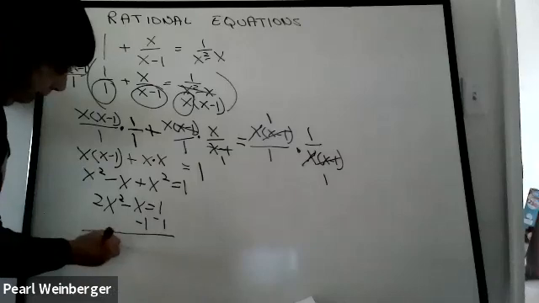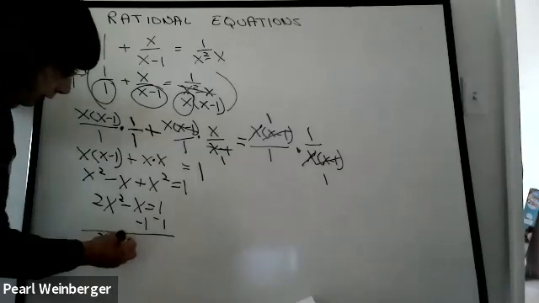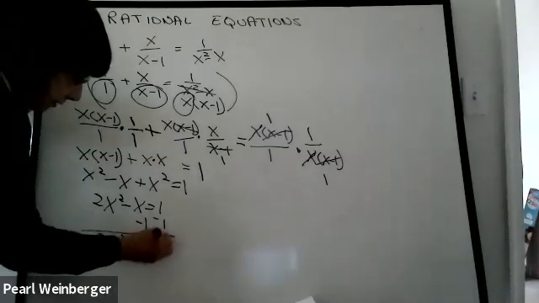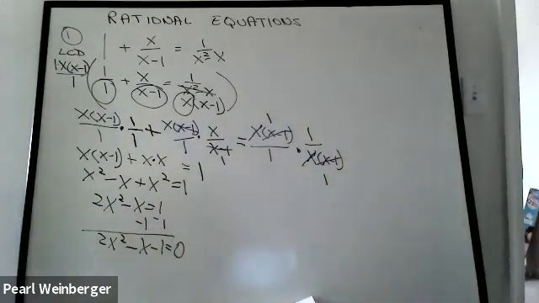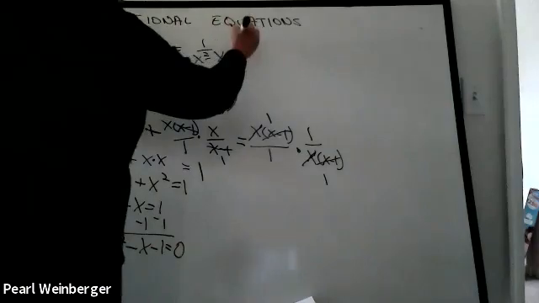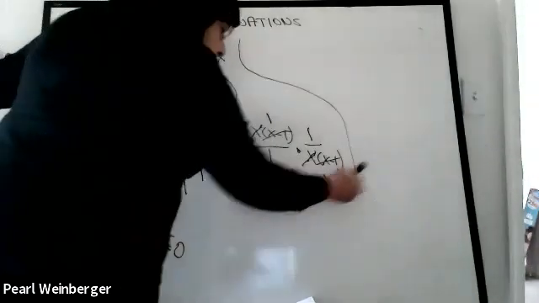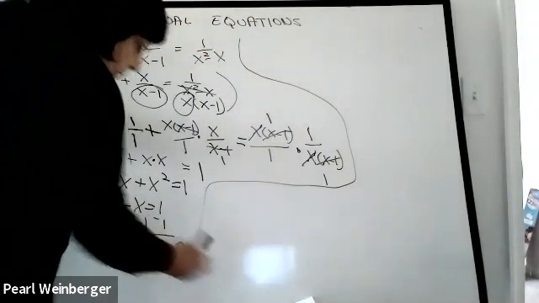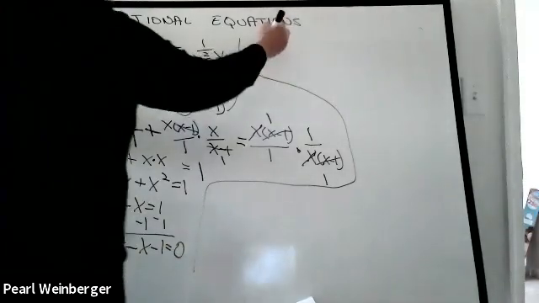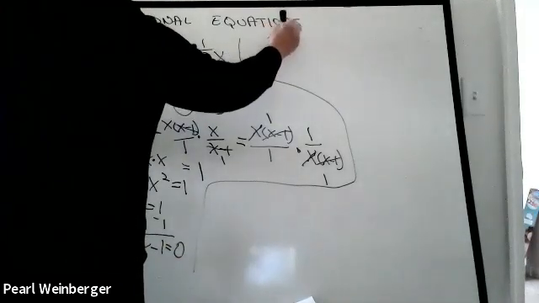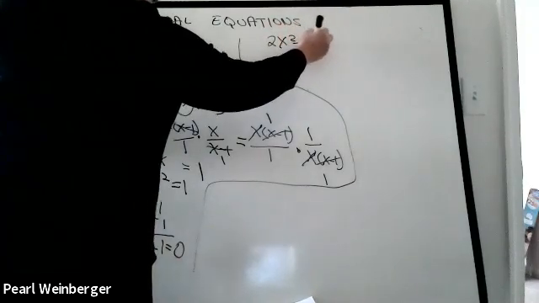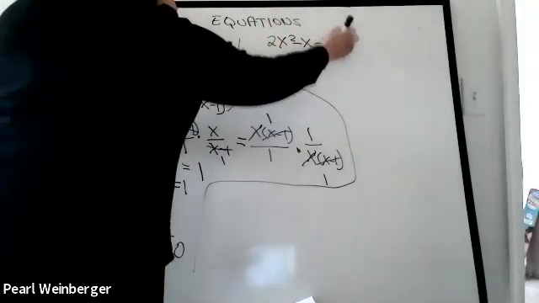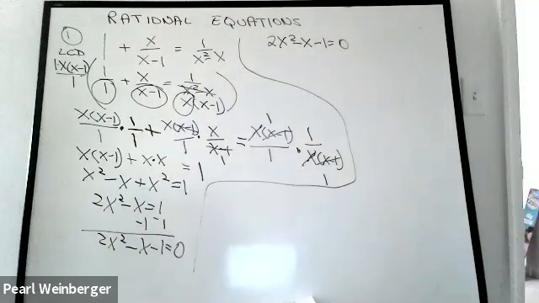So that I end up with 2x squared minus x minus 1 equals 0. And I'm going to go over here to my other side of my board so I have room. I'm going to continue this over here. I have my 2x squared minus x minus 1 equals 0. I'm going to go to the other side to work on this.